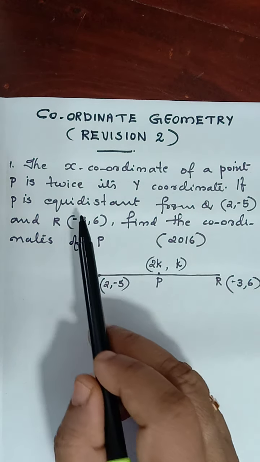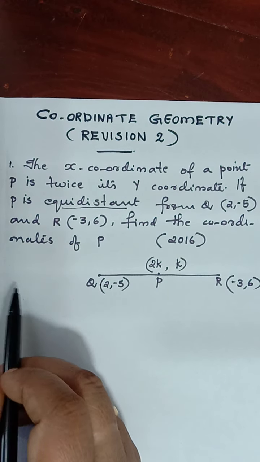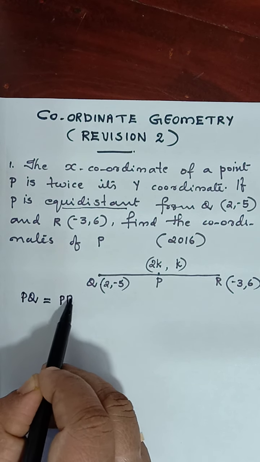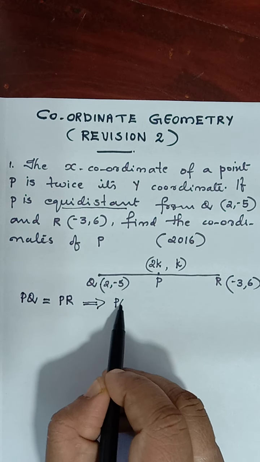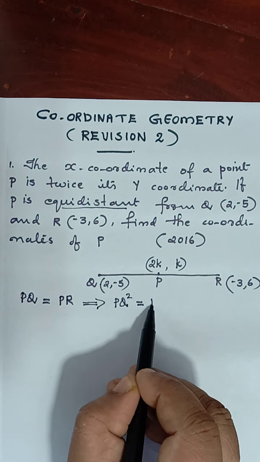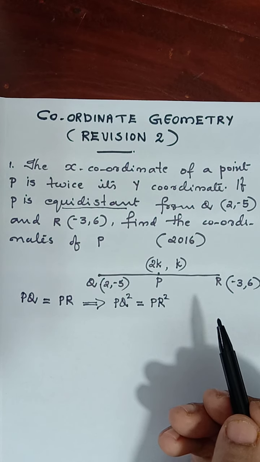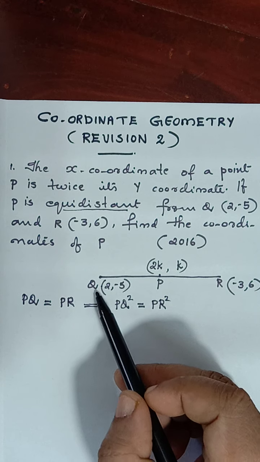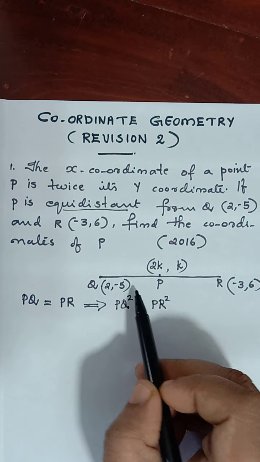So given clue is P is equidistant from Q and R. So we can write it as PQ is equal to PR. We know when we take distance formula, we can write it as PQ square is equal to PR square. So when we take PQ square, P (2K, K), Q (2, -5), x1, y1, x2, y2.